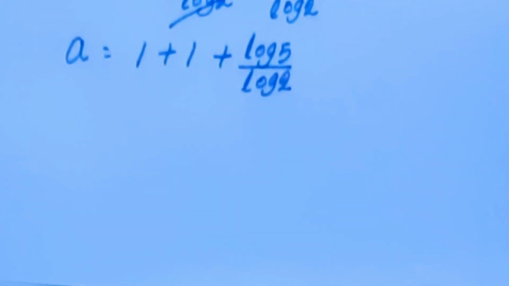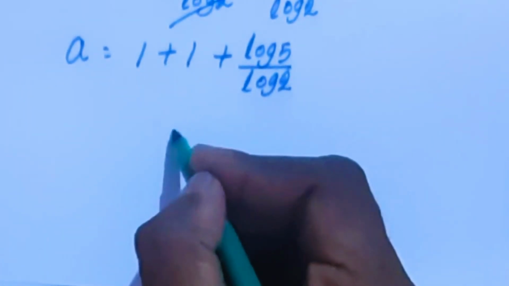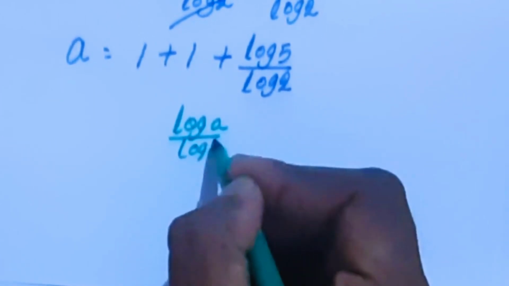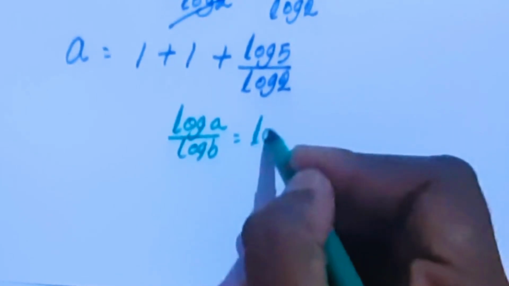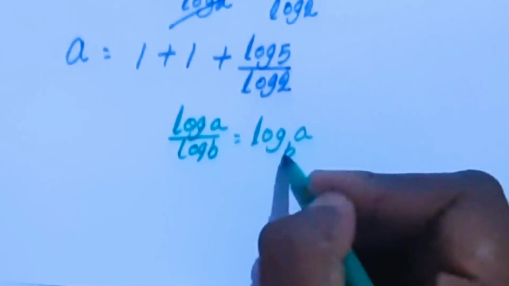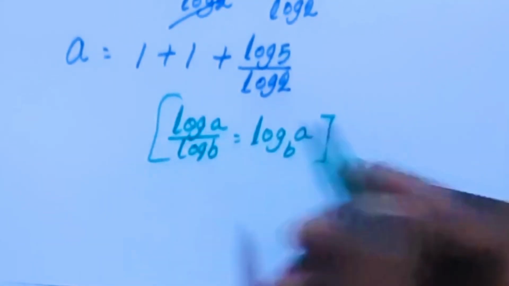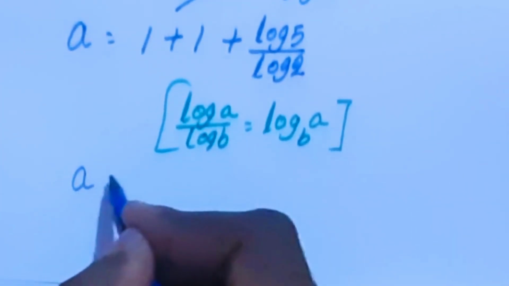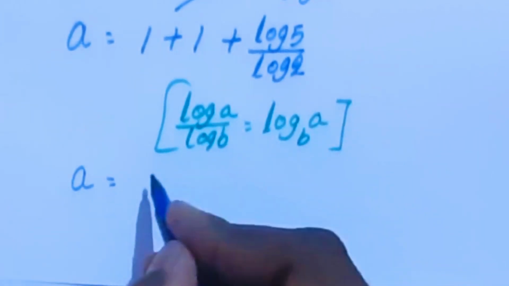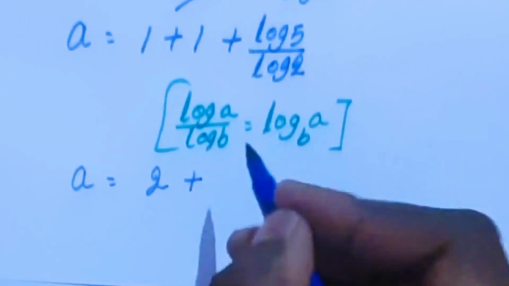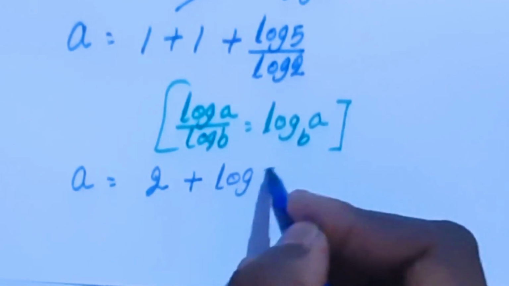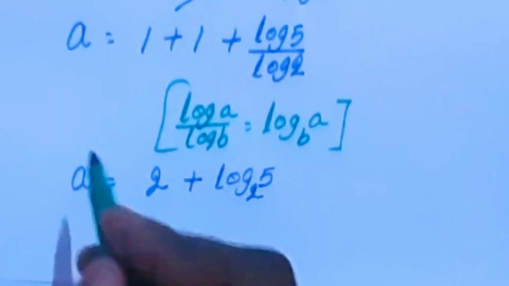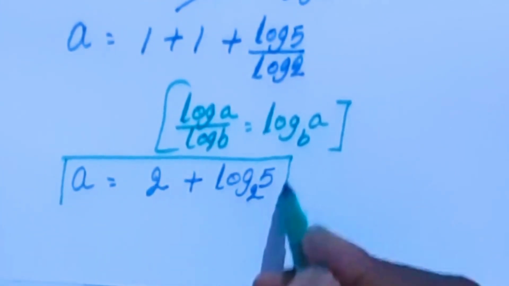We are going to apply here log formula, that log a by log b equal to log a base b. This formula we are going to implement here. So a equal to 1 plus 1 is 2 plus log 5 base 2. This is the a value.